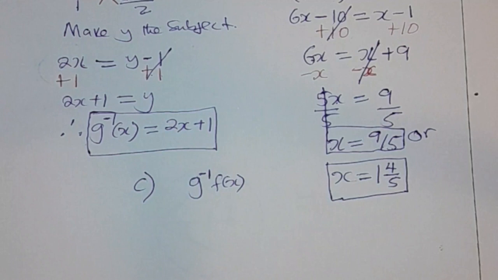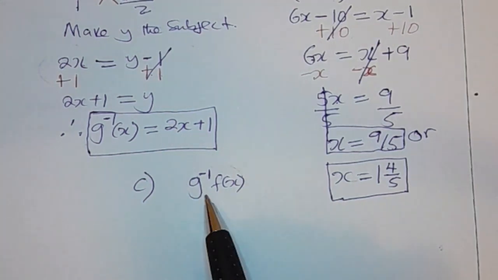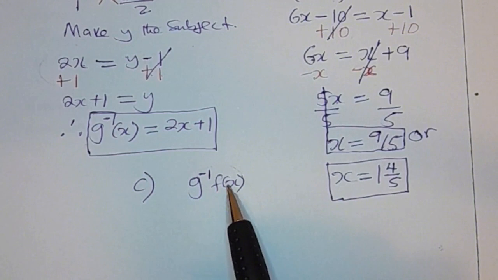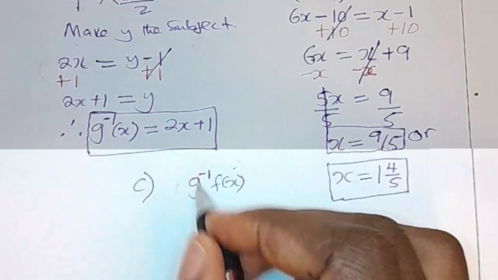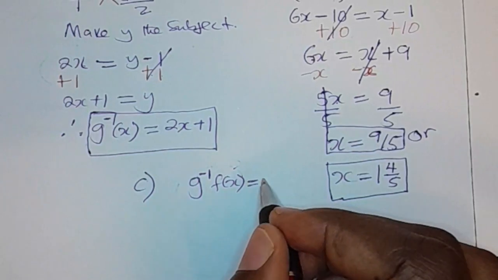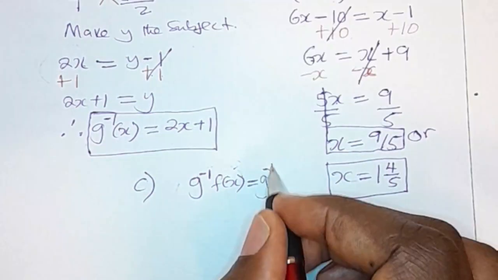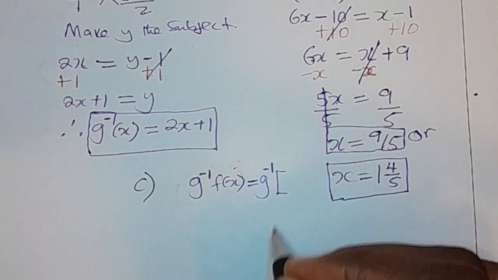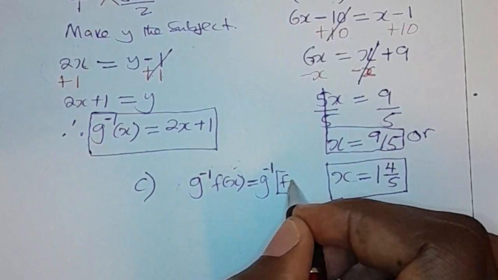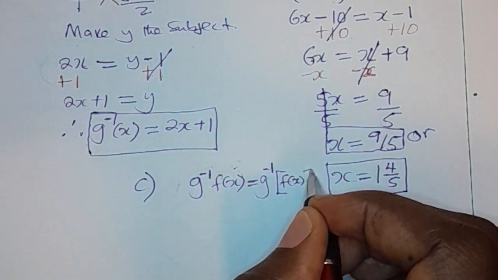See, at part C, you are being asked to find the composition function of the inverse of the function g of x of f of x. So now what does this mean? This means that this function here can be written as the inverse of the function g in square brackets f of x.